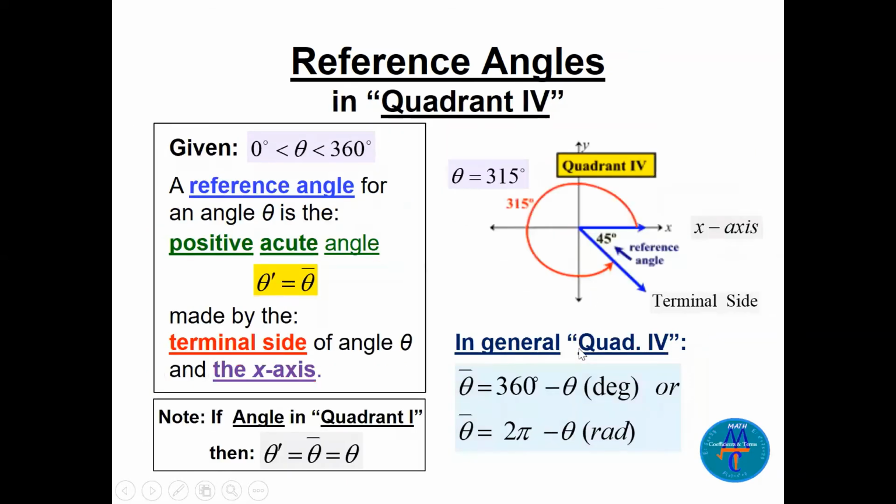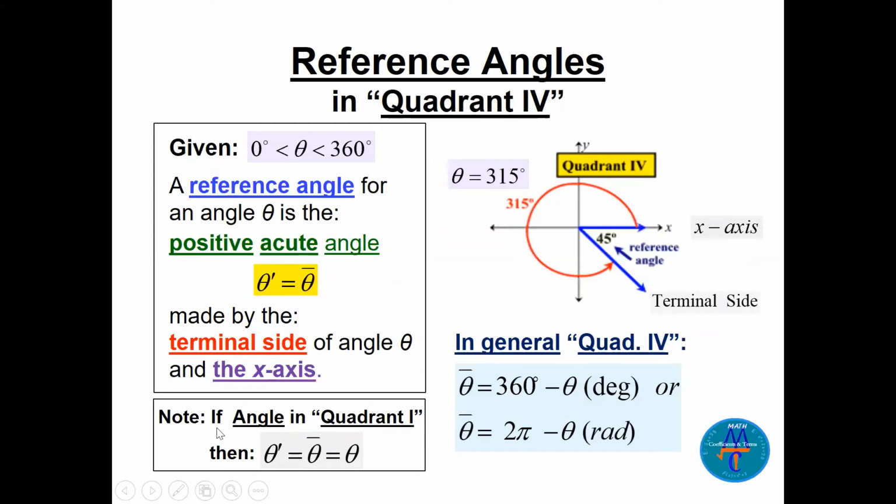Now, the reference angle in quadrant 4. Same definition here. If we have an angle 315, it will be like this. This is the terminal side and this is the x-axis, so that's the reference here. Remember, if the angle theta lies in quadrant 4, then the reference theta prime or theta dash will be 360 minus the angle, in degrees or in radians.